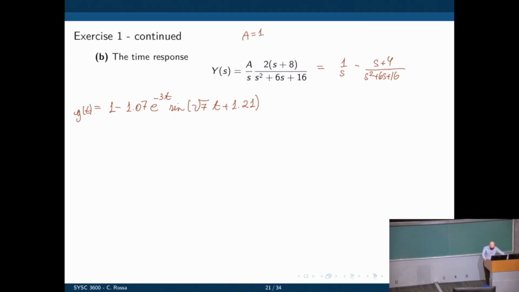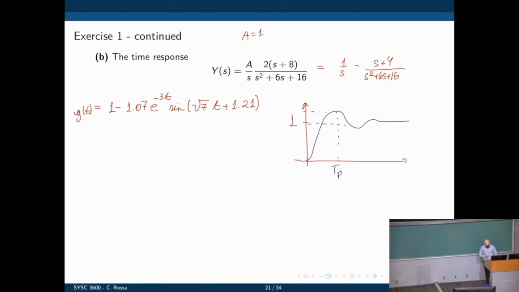Now, if you want to find the percent overshoot, we have to plot this function, and we know that it settles at 1, like that. We need to find the peak time where the maximum occurs, and then calculate the maximum value of the function there.